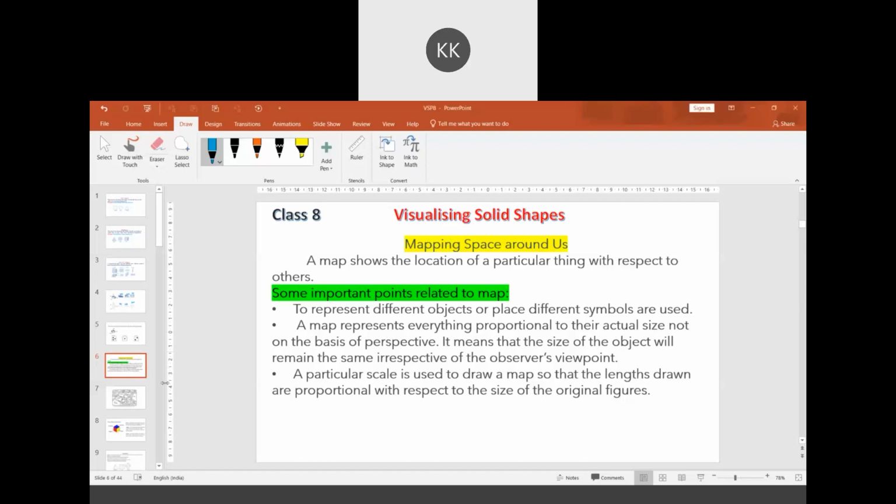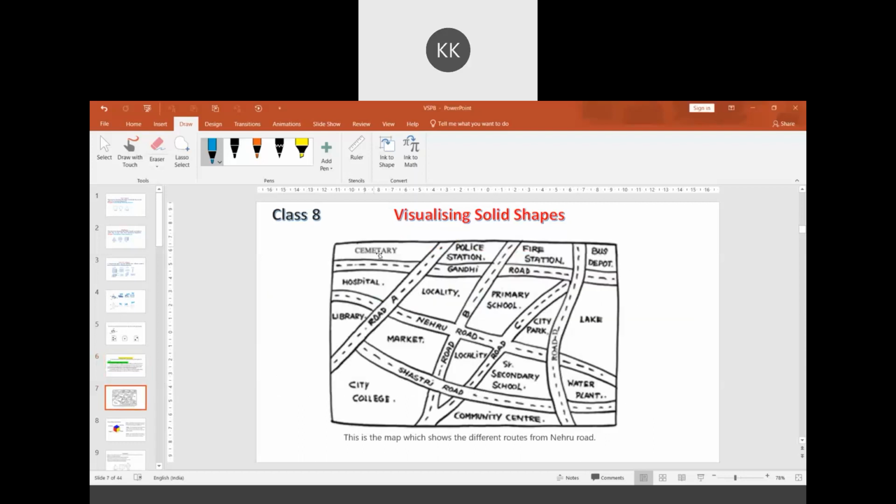Here, there is an example. You can see different places here, and the roads are mentioned. When we solve exercise questions related to this, we'll understand much better.